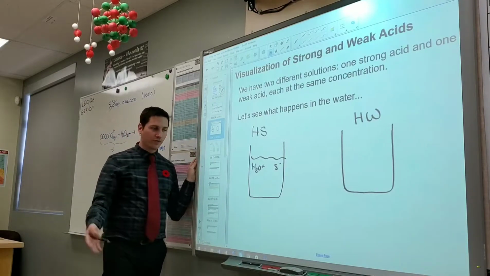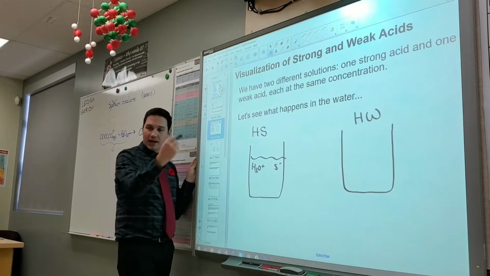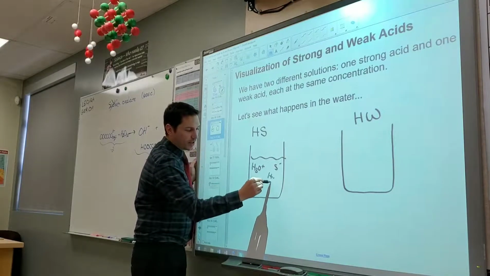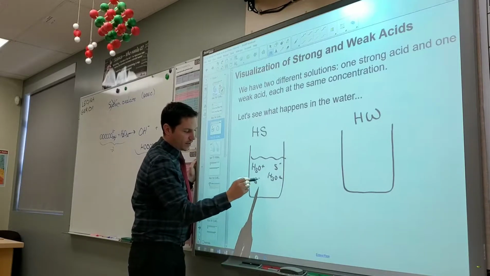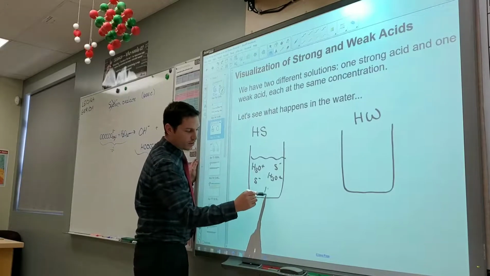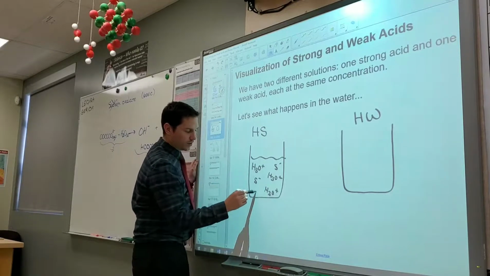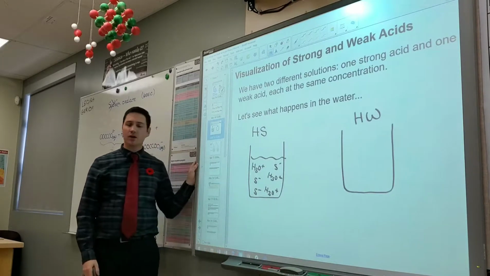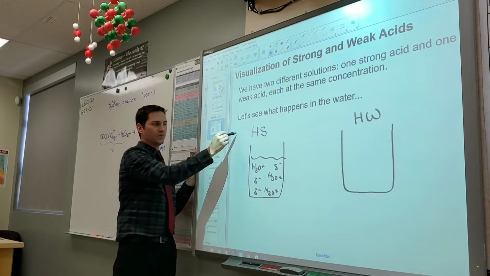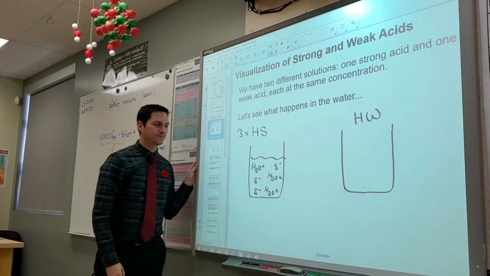Again, it's not sulfur. Then I add another one, and we get H3O and S minus, and another, H3O and S minus. I'm starting to run out of room, so maybe we'll just add 3 of these.